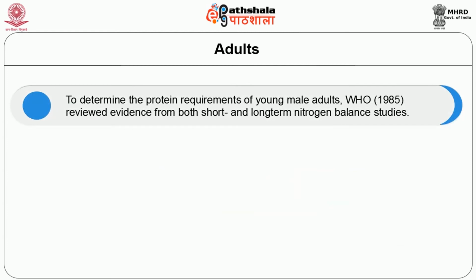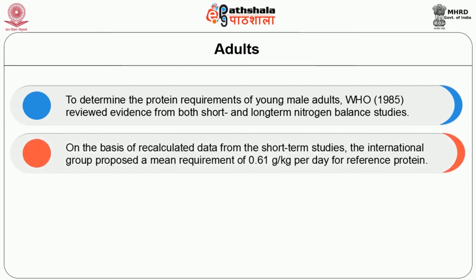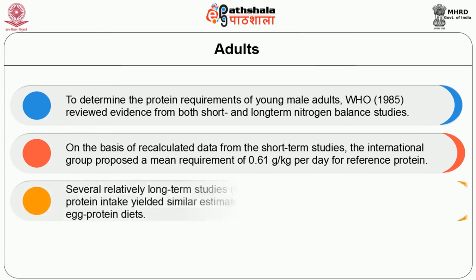To determine the protein requirements of young male adults, WHO in 1985 reviewed evidence from both short and long-term nitrogen balance studies. On the basis of recalculated data from the short-term studies, the international group proposed a mean requirement of 0.6 gram per kg per day for reference protein.